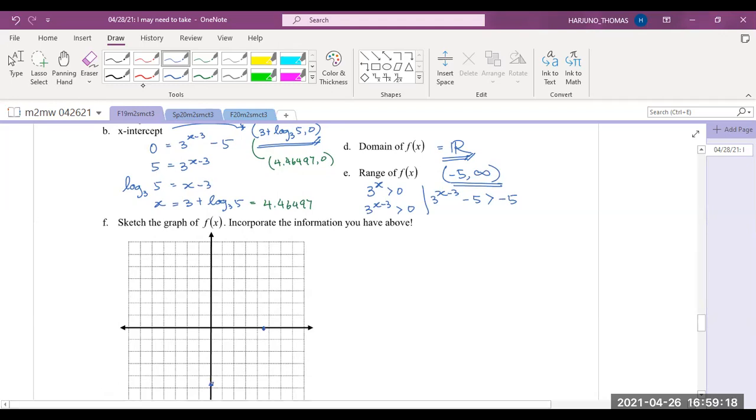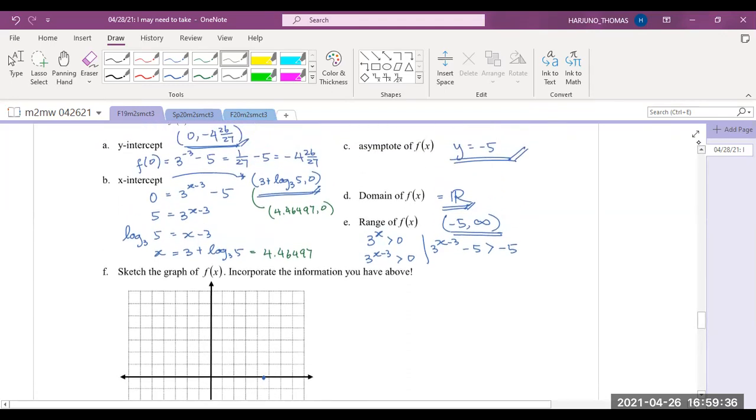Okay, these two coordinates are not really reliable. I put them there for the sake of completeness in my graph. Okay, but I rely more on the following.